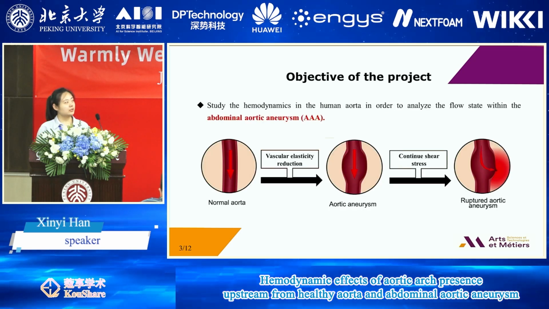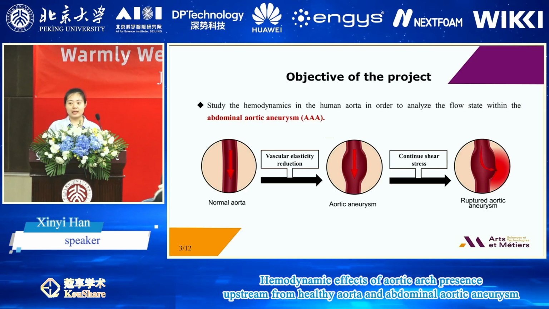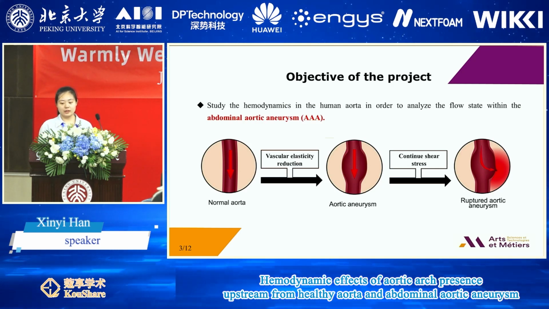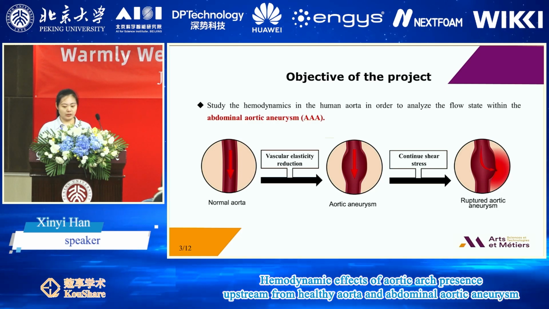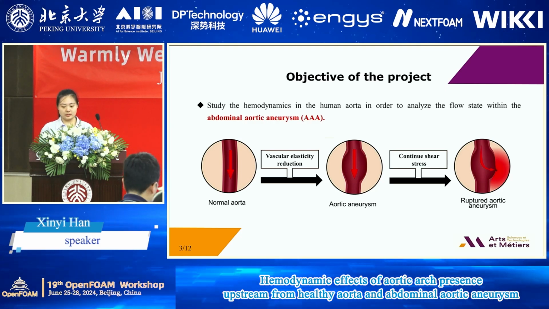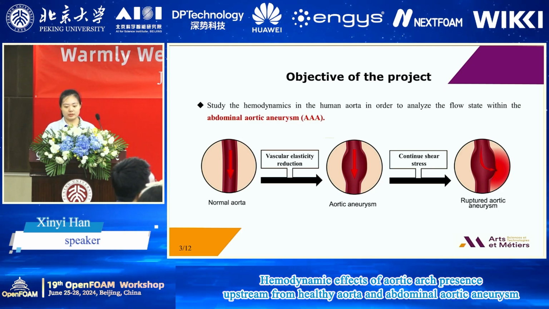The first question is, what is the aneurysm? The aneurysm is an abnormal dilation in the human aorta and is a common disease for elder individuals because of the vascular elasticity reduction and the continuous shear stress at the vessel wall.